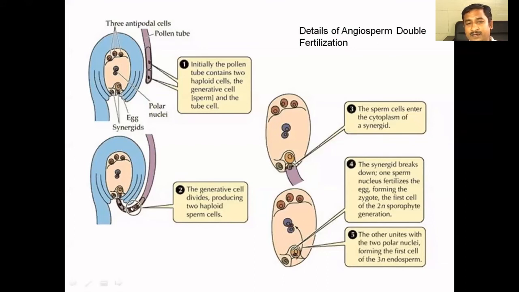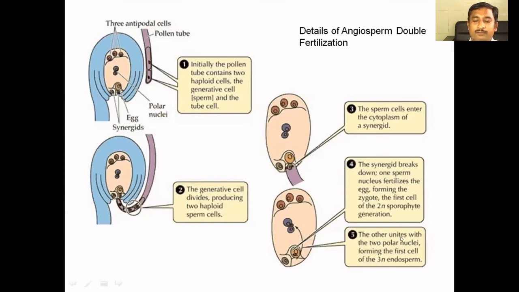The other sperm nucleus goes to the polar nuclei in the embryo sac. There are two polar nuclei, n and n, and the sperm cell also has n. It combines here and becomes 3n: the polar nuclei plus a sperm cell.